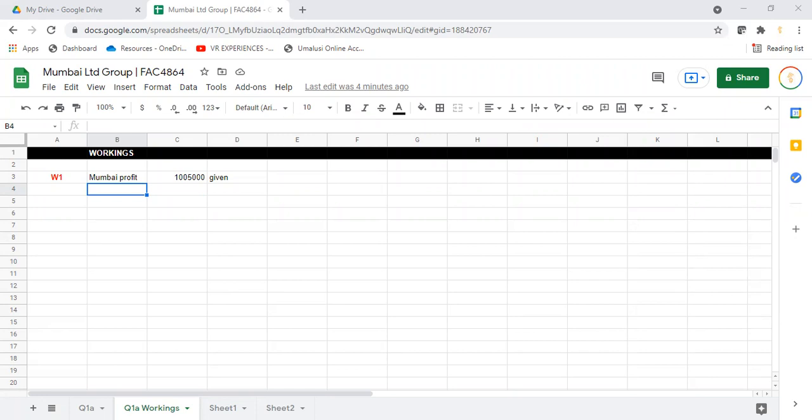So that is an adjustment we need to make, a group adjustment relating to a transaction at acquisition, because at acquisition, we raised a liability of 280,000 Thai baht.